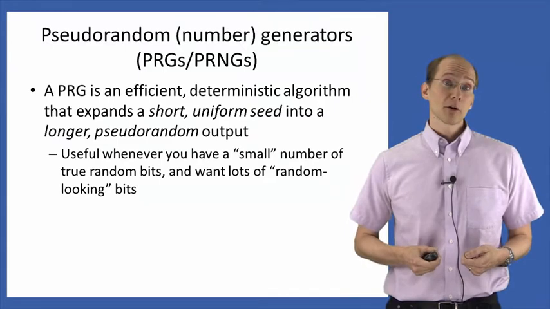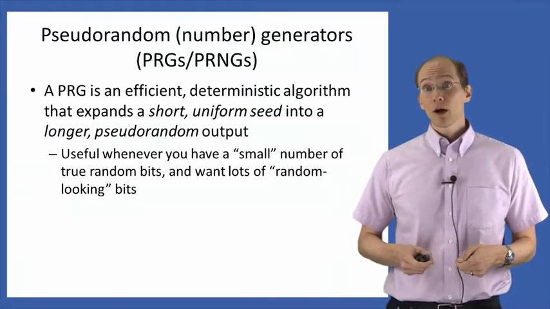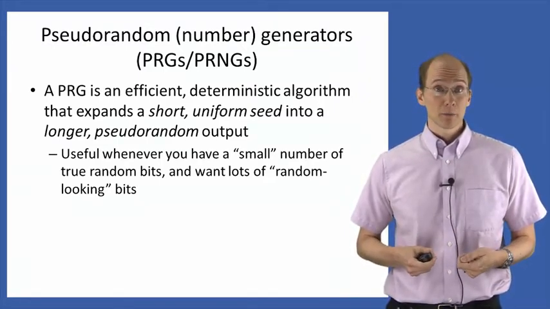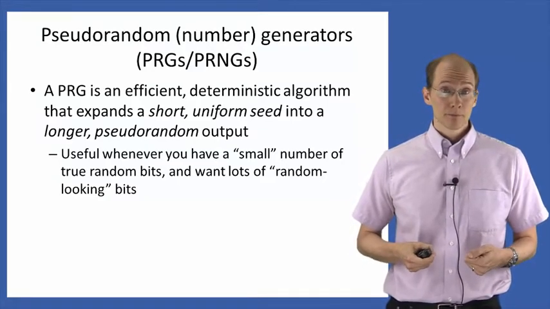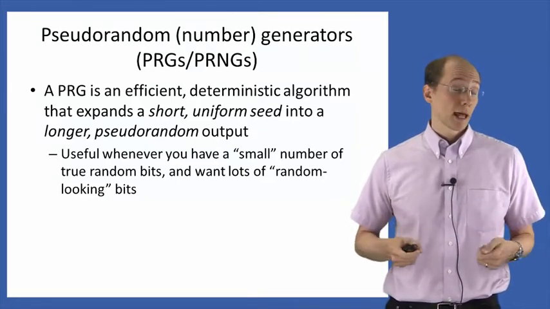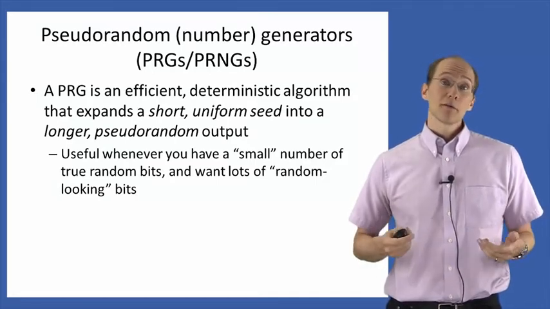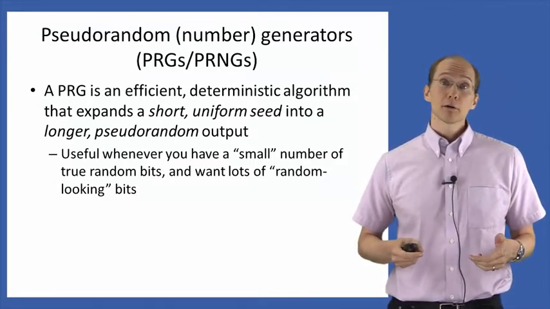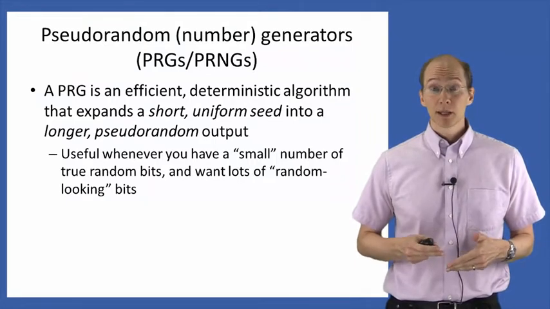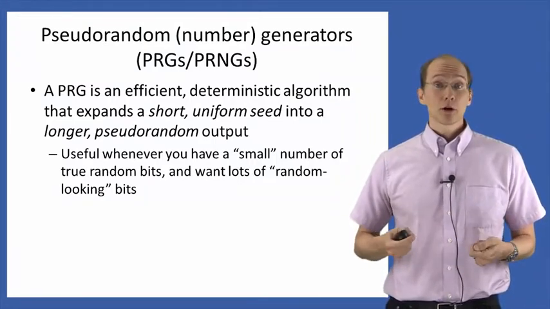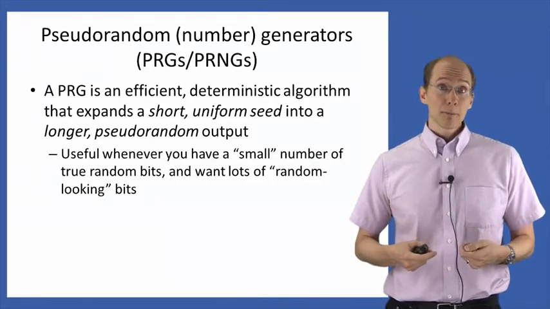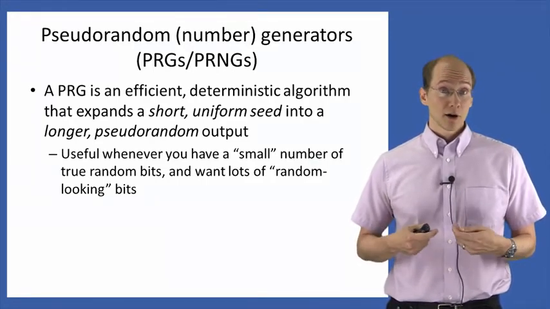And pseudorandom generators are very useful whenever you have a small amount of true random bits, but you want lots of random looking bits. As a toy example, say we have some algorithm that requires 10,000 random bits, 10,000 uniform and independent bits. We said in an earlier lecture that actually sampling true randomness is very difficult.